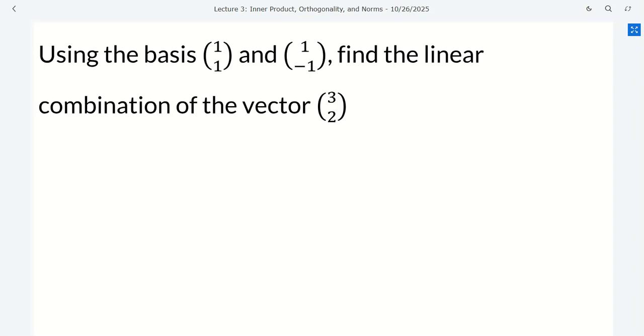Okay, so this is an example. Let's try to do this right now. So follow along. I'll be quick. We don't have time. So here we have a vector. They say we should find a linear combination of this vector. You've done this already, I think we had 2.5 and 0.5. I remember. So we are going to learn how to use this orthonormal basis to help us do the calculation quickly.